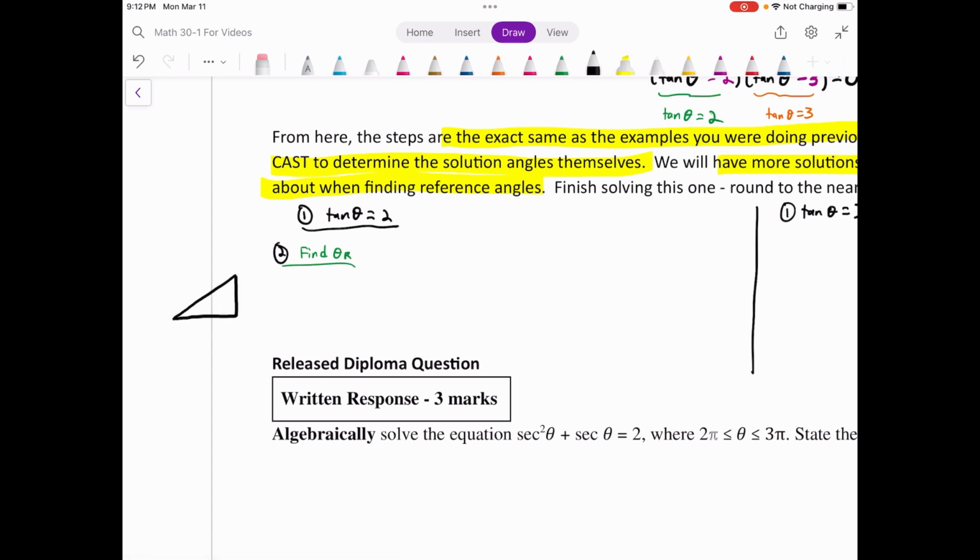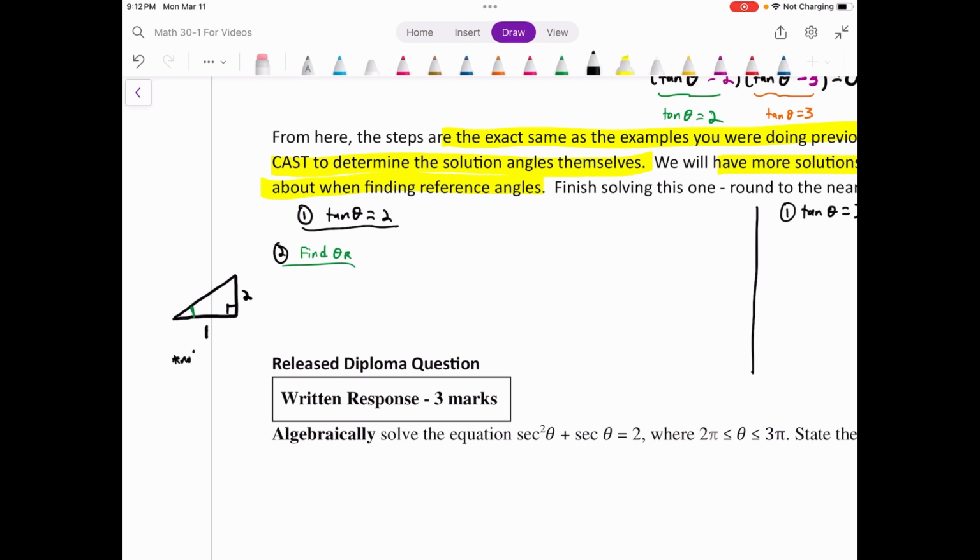Is there one of our special triangles that has opposite to adjacent of 2? Because tan is opposite over adjacent. We do have ones that have 1s and 2s. There's the 30, 60, 90, but the 2 is the hypotenuse in that triangle. In the 45, 45 triangle, we've got 1 on these sides and then a root 2 as the hypotenuse. So this is not a special one.